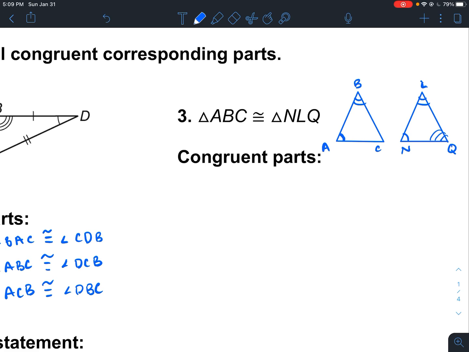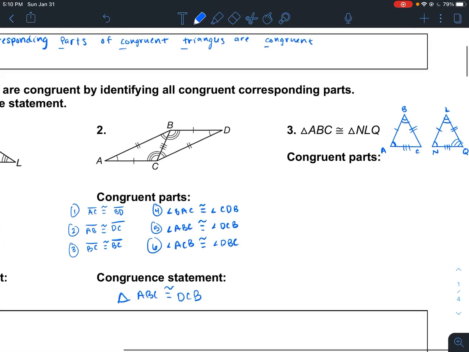Then line segment AB corresponds with NL, BC with LQ, and AC with NQ. Oh, I should be writing 2. So this one will have 2, and this one will have 3. There we go. So let's just go ahead and write the corresponding parts.